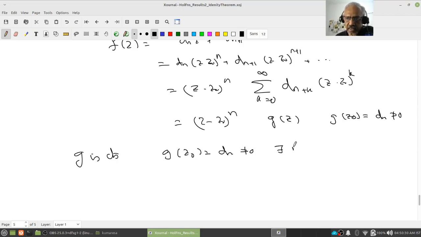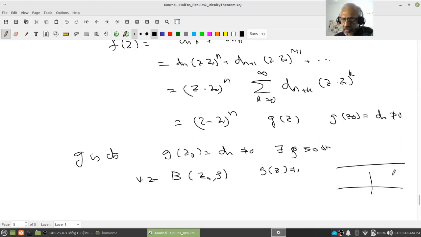That means there is a positive radius, call it rho, so that for every z in B_z naught of rho, g of z is not equal to 0. So this is my z naught, this is my dn.